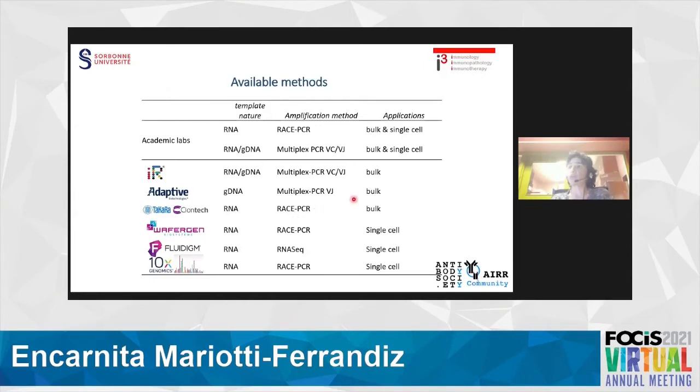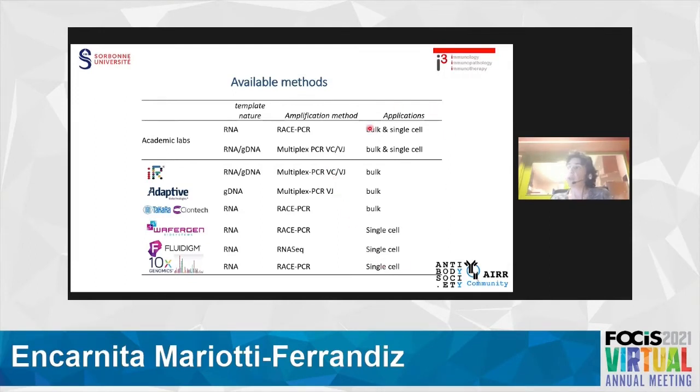Most of those methods use either RACE PCR, which uses universal primers, and others, most of the gDNA-based methods, are based on multiplex PCRs, which means the presence of different primers for each V segment and J segment, sometimes the C segment, in the same reaction.